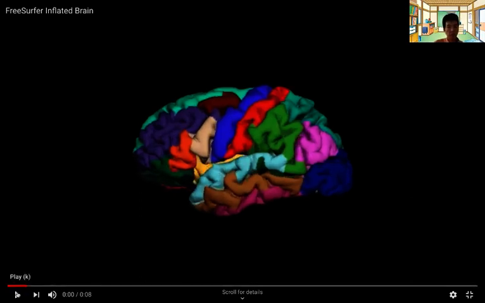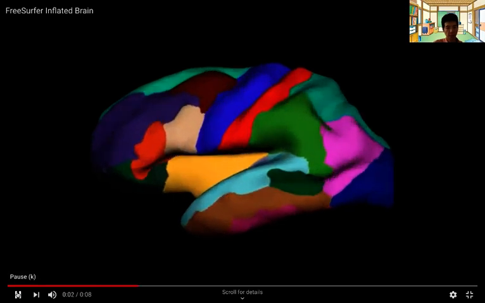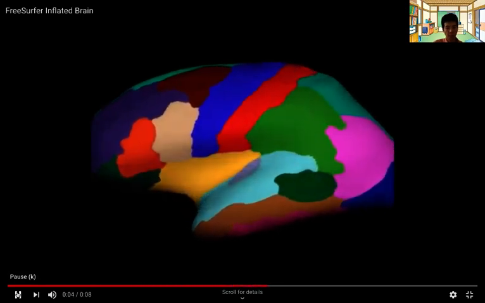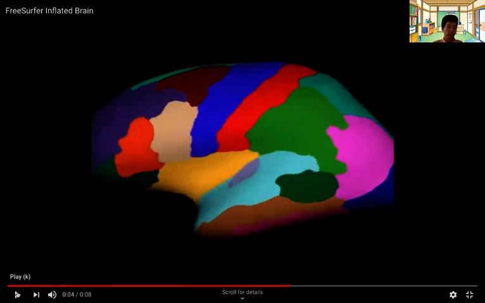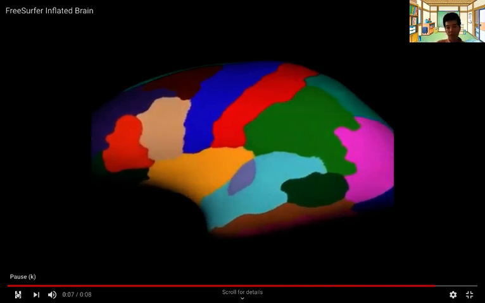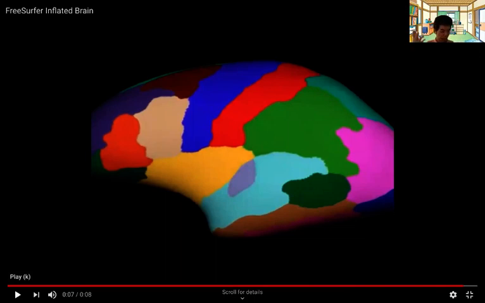You can do this by computational analysis using a technique called topology, and then this wrinkled surface gets completely inflated like this. At this point you can cut the brain in a way that it can unfold onto a two-dimensional surface, and that's how we get to see these types of retinotopy images.